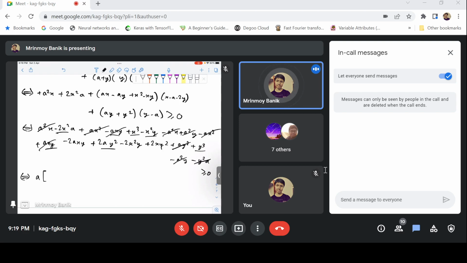So without them, we have of course an x squared and a y squared. Then we have 2xy and nothing else. Plus we have x cubed and y cubed minus 2x squared y plus 2xy squared. So there is another minus x squared y. So we have 3x squared y.